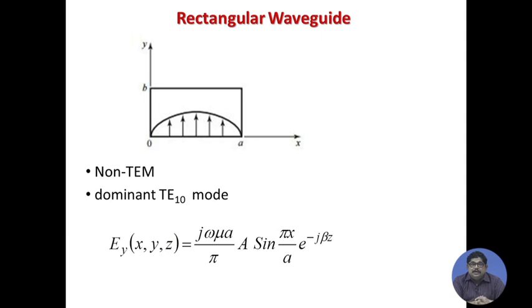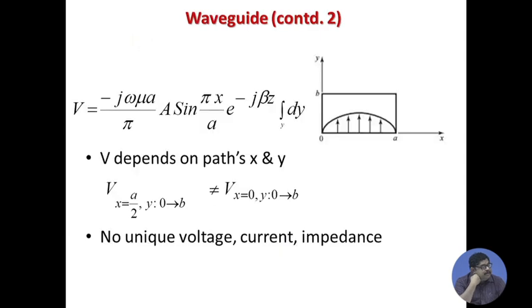The expression is given, the variation is along x, shown in the figure, and it is a sinusoidal variation. The wave is propagating in the positive z direction. Now, if voltage is equal to the line integral of this, we come across the expression shown here.